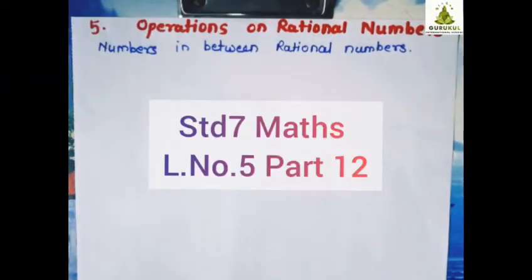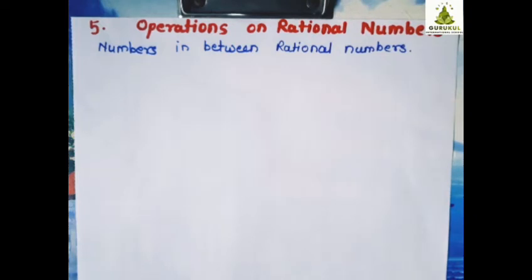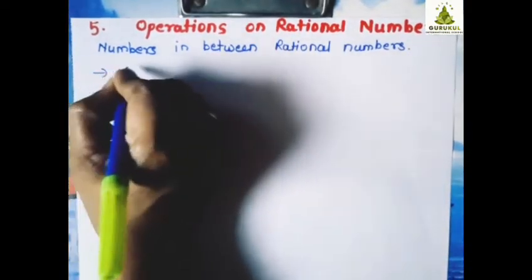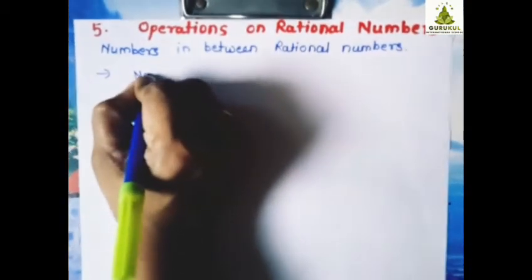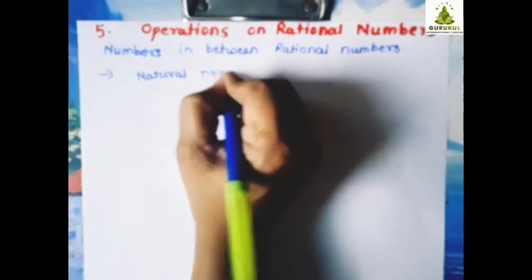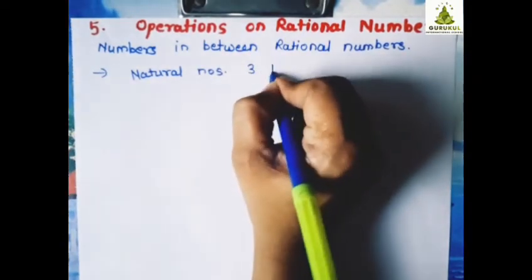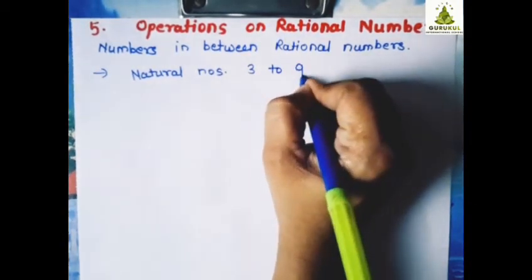Now the next concept in lesson number 5 we are going to learn is numbers in between rational numbers. To understand this concept, suppose if I gave you one question that write all the natural numbers between 3 to 9. Okay. So, what I said, you have to write down the natural numbers between 3 to 9, correct.